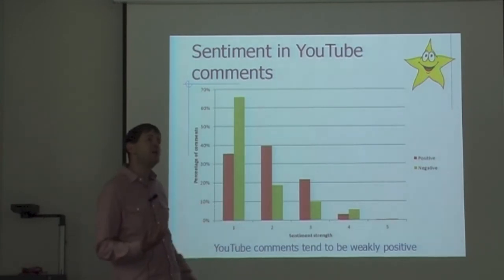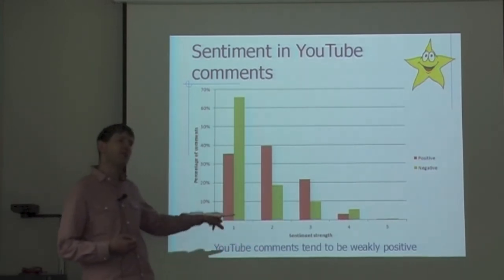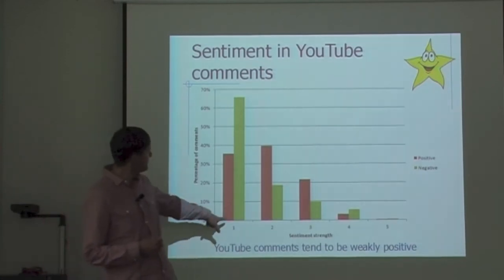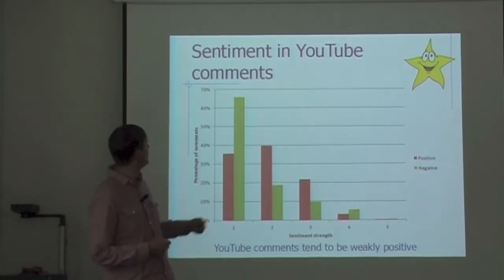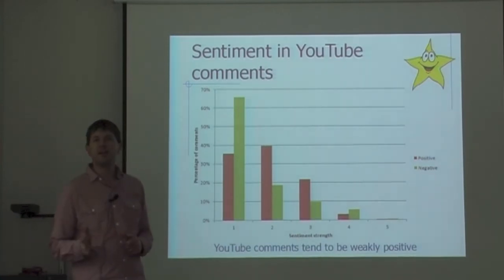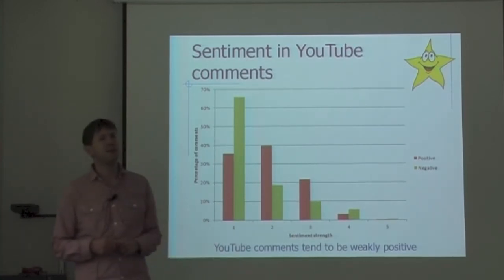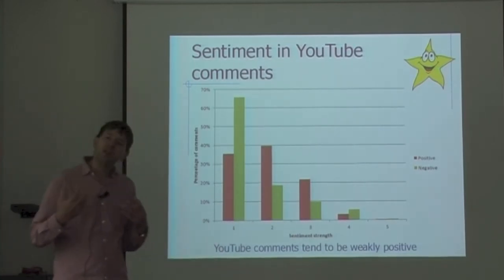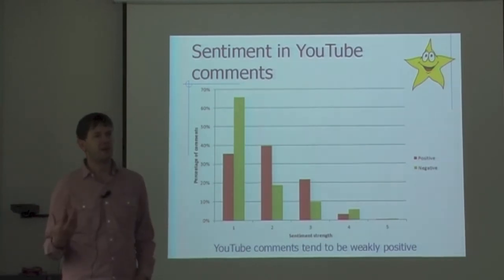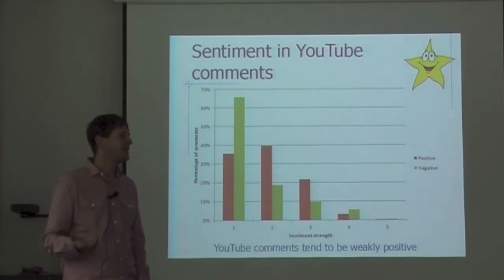So the typical comment was moderately positive, getting a score of 2 or 3, mildly positive or moderately positive. And the typical comment had no negativity at all. 66% of comments had no negativity at all. They scored -1 for negativity. So this tells you that a typical YouTube comment is mildly positive and has no negativity at all. So something like, great video, I like this video.